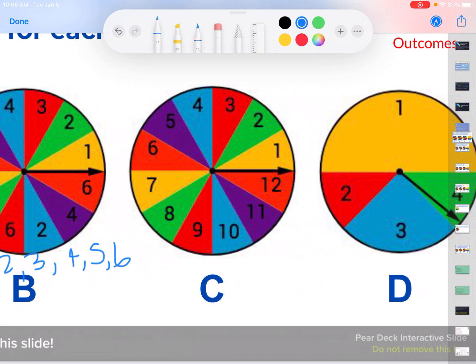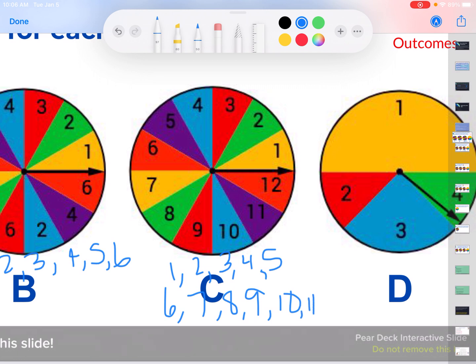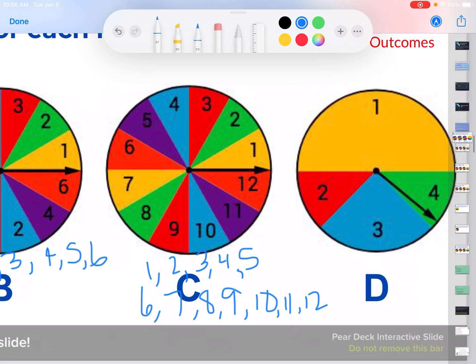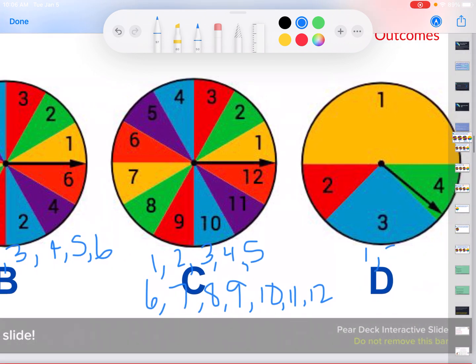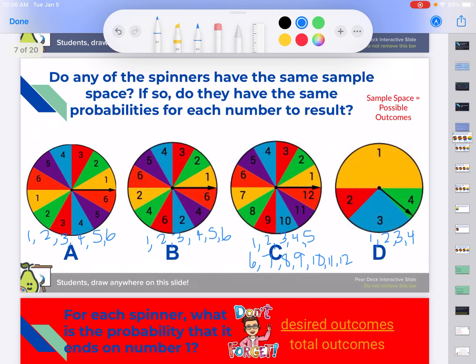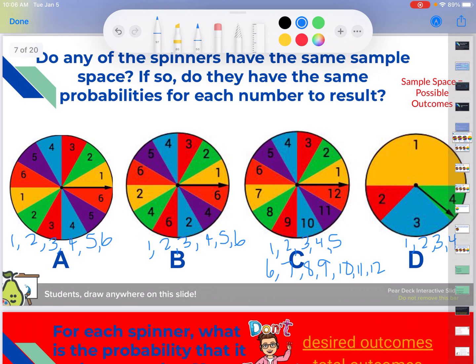For C, I go 1 through 12. And for this one, I only have 1, 2, 3, 4. So they asked, do any of the spinners have the same sample space? Yes, A and B have the same sample space.